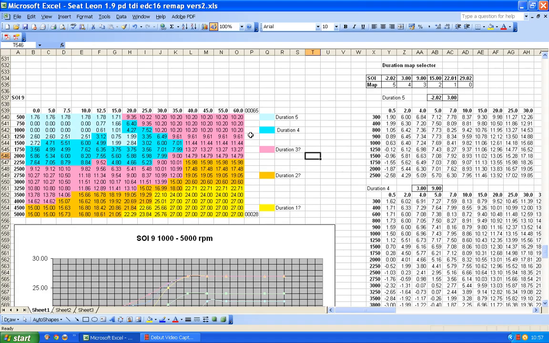The big problem with fiddling with start of injection is that you will have quite a change to the emissions, and so you need to think carefully about what you believe the environment around you is worth. Because by changing start of injection and making it earlier, you can have quite a big impact on the amount of nitrogen oxide that comes out of the engine.